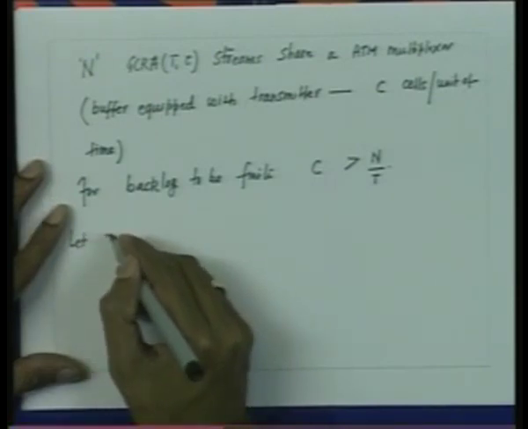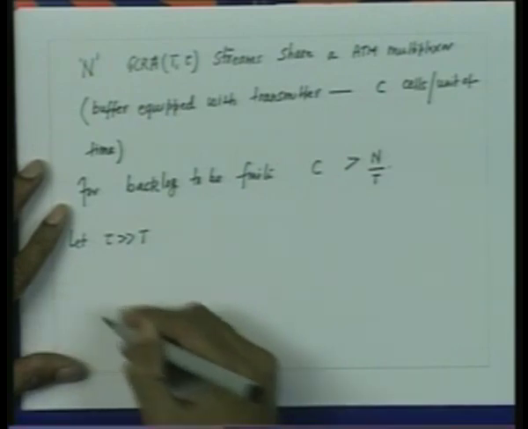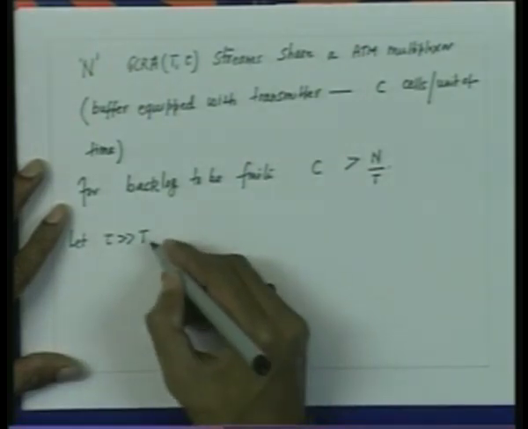So in other words, our objective is to determine the maximum value of n, that is, how many such connections can be admitted such that the delay is less than some quantity, let us say capital D. Okay, so now, to determine this, let us assume that tau is much greater than capital T.